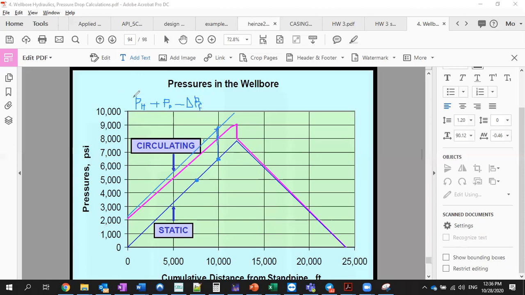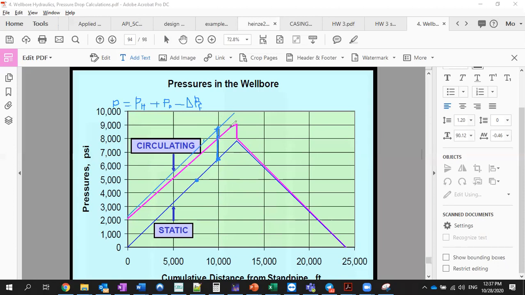This is going to be the pressure that you see at any point. Does it make sense? Yep. Hydrostatic plus the pump, which is exerting that pressure at the surface, minus the pressure loss. So it gives you that purple line.